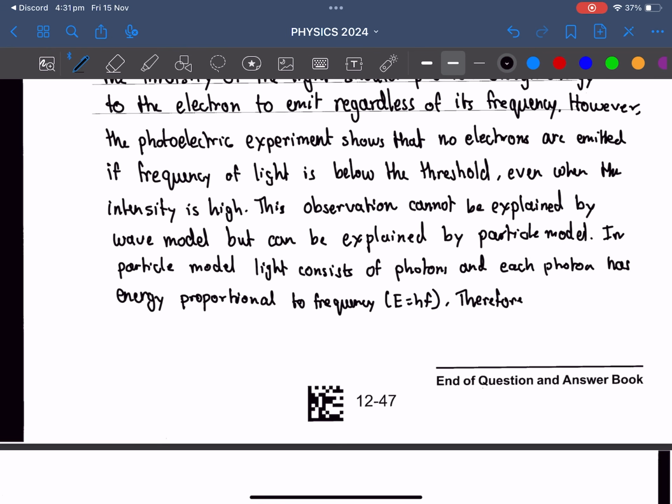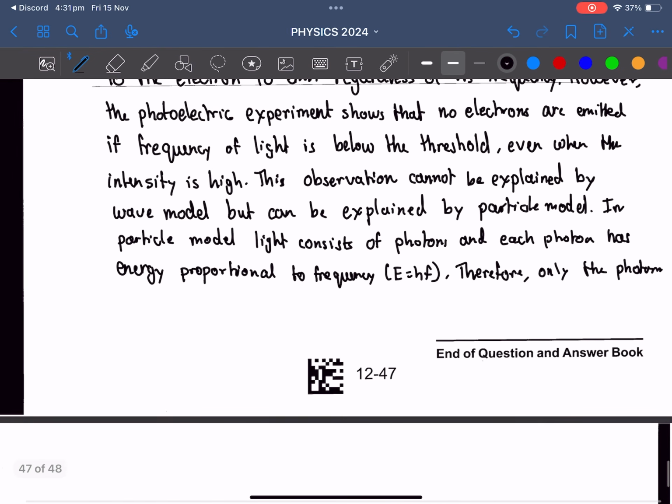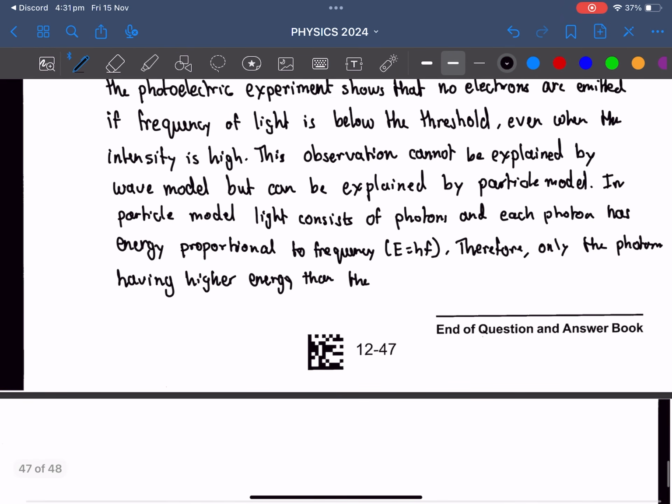Therefore, only the photons having higher energy than the work function can emit electrons.